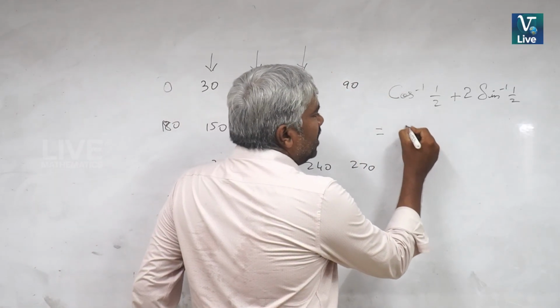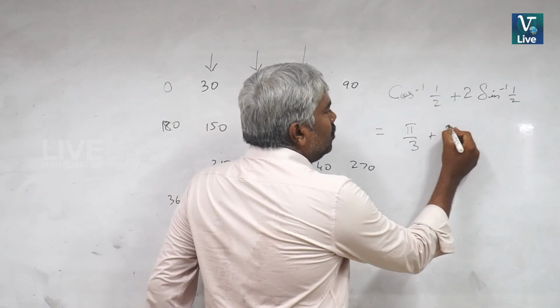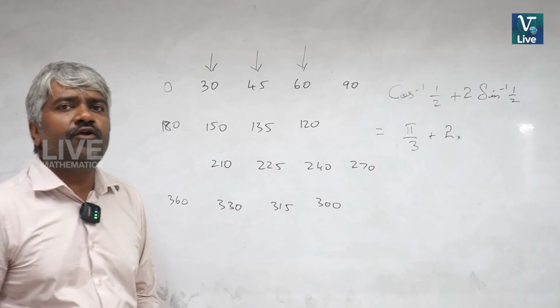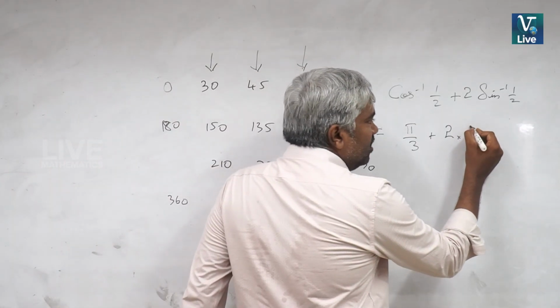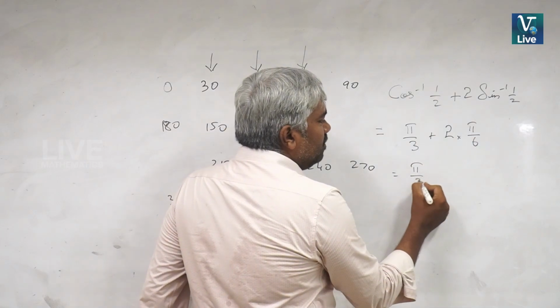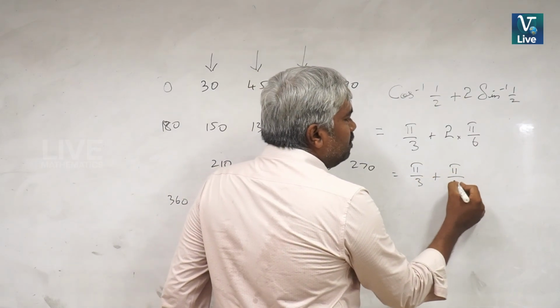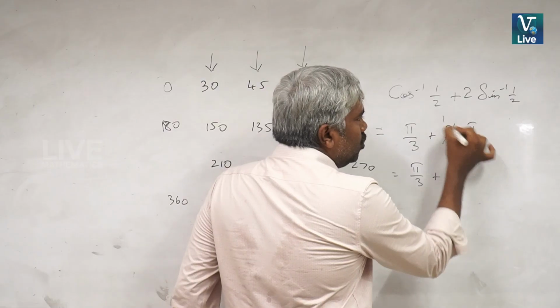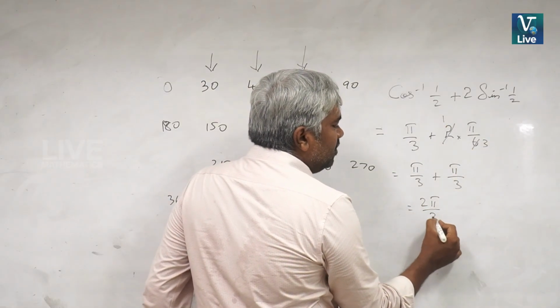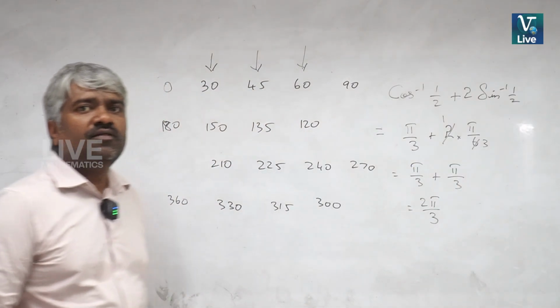So pi by 3, plus 2 into sine inverse of 1 by 2. We know that sine is 1 by 2 when the angle is 30 degrees. 30 degrees is nothing but pi by 6. So pi by 3 plus pi by 3. Divide both the values by 2, which is 1 time and 2. So your answer will be 2 pi by 3.